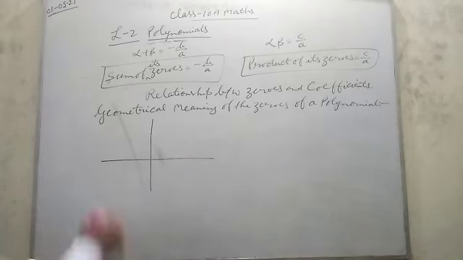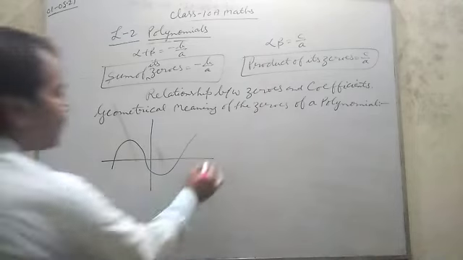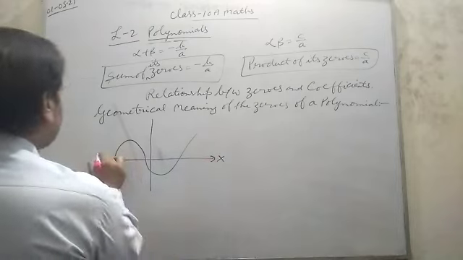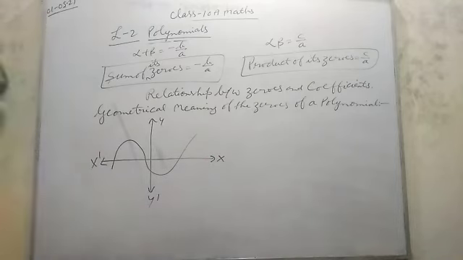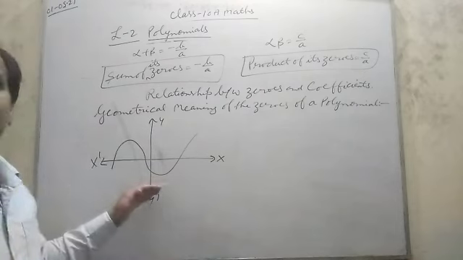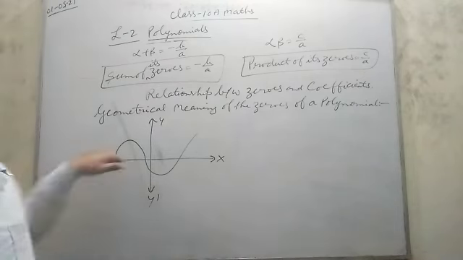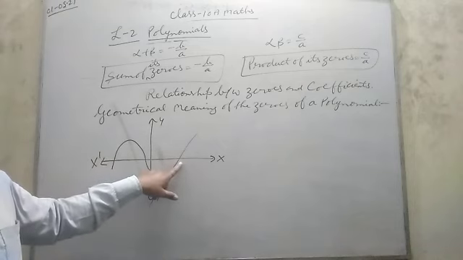Suppose any graph is given like this, with x dash and y dash. We will see at how many points the graph is intersecting the x axis. Here 1, 2, 3, so it intersects at 3 points.